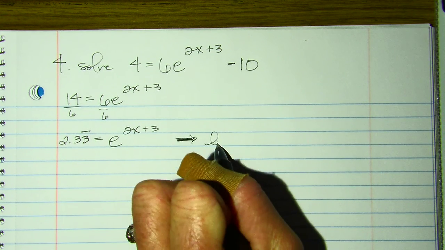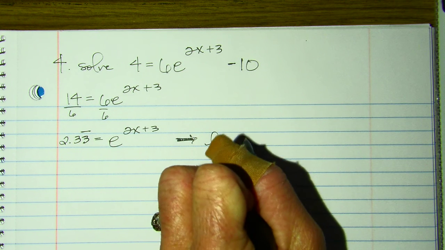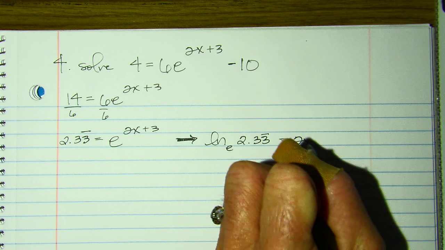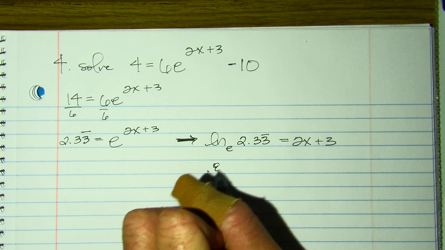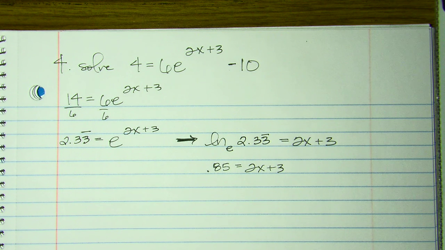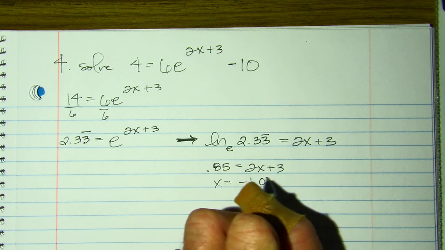So the natural log of our answer equals our exponent. So the natural log of 2.33333 is 0.85 equals 2x plus 3. So 0.85 minus 3 divided by 2, I get x equals negative 1.075.